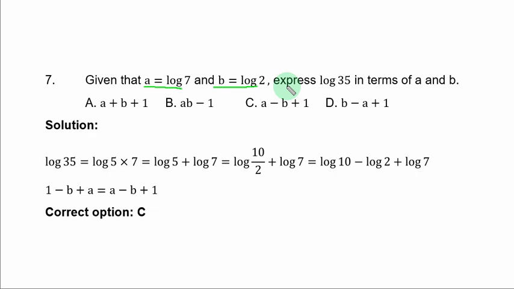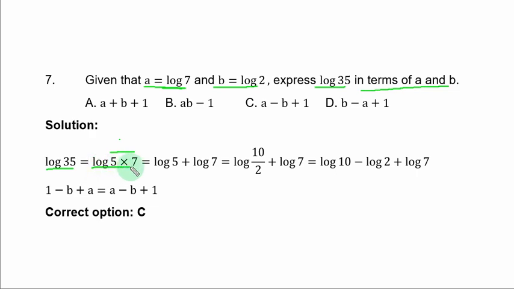Express log 35 in terms of A and B. So considering what you are asked to express, log 35, in order to have log 7, the factors to be used are 5 times 7.